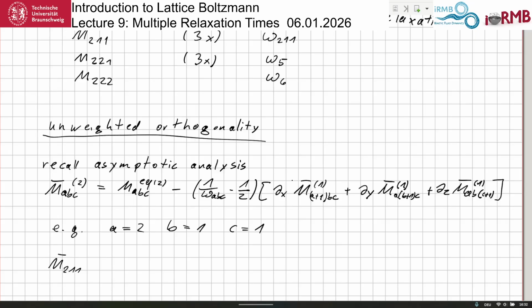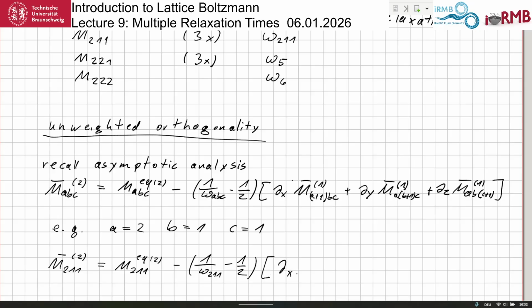M211 to second order is equal to M211 equilibrium to second order minus 1 over omega M211 minus 1 over omega, 1/2, yeah.